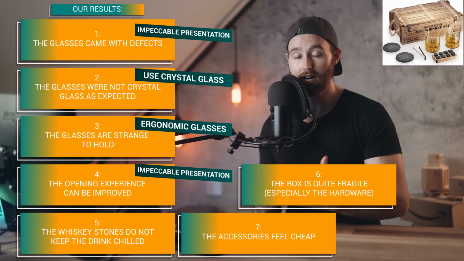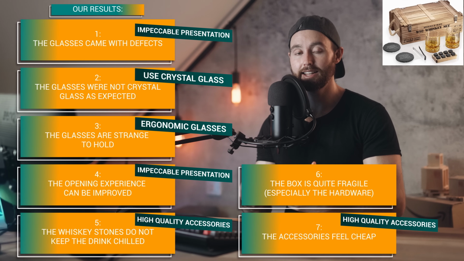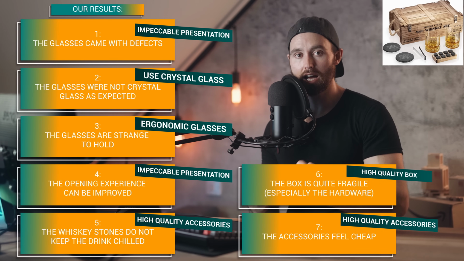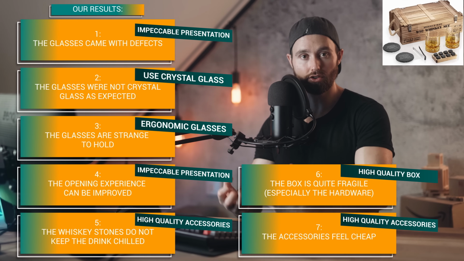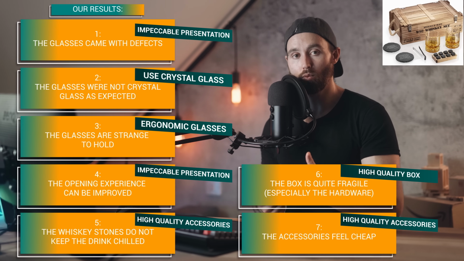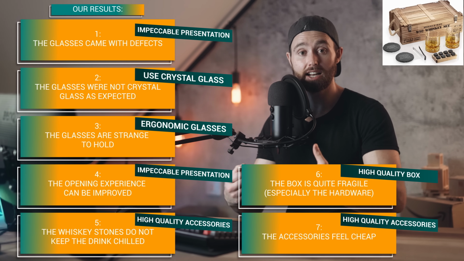They need to be very comfortable to hold. 4, high quality coasters and any accessories also need to be high quality. 5, a very high quality box, a strong durable box with strong hardware. And this might actually be why we see some of those crate and tougher looking options selling so well.